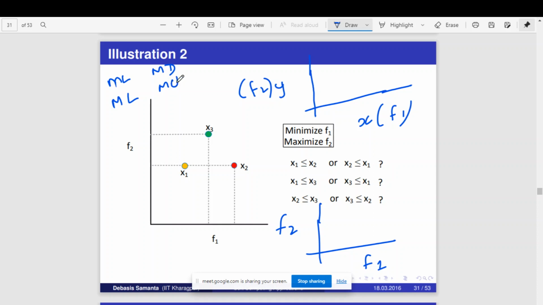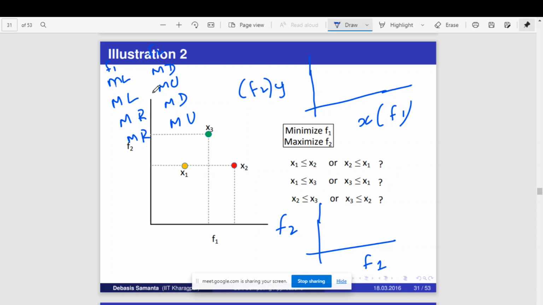This is for f1 and this is for f2. The third option is move right and move down. The fourth option is move right and move up.